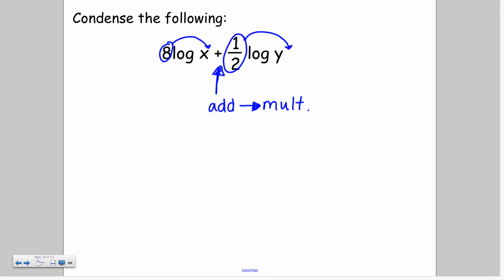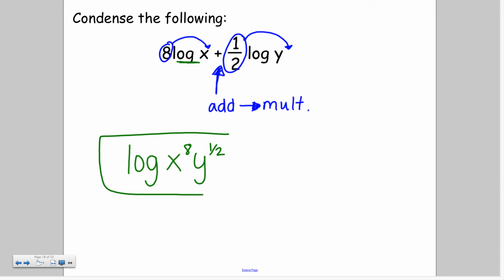So they need to be moved to the back. Okay? So again, we have a log, and there's no base, so we know it's a common log with a log base of 10. We don't have to put the 10 there, but we know it's there. All right, so log base 10 of x, and it has an exponent of 8, and then times y to the 1/2. And that's our answer.